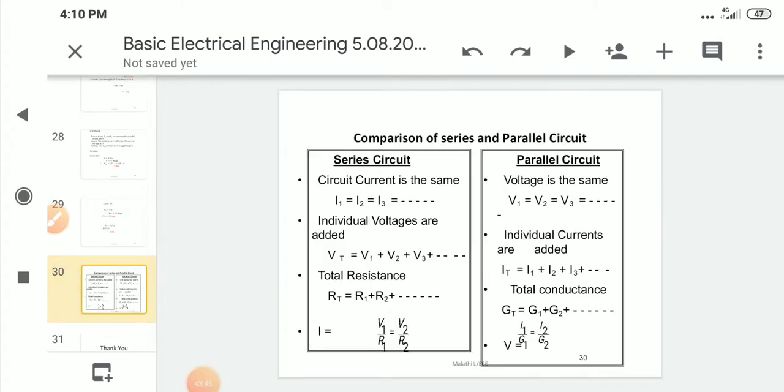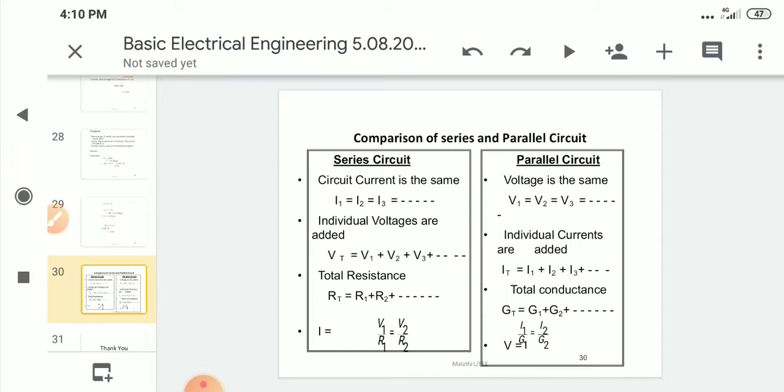Let's see the comparison of series and parallel circuits. In a series circuit, current is the same. In parallel, voltage is the same. In series, total voltage is the sum of the individual voltages. In parallel, total current is the sum of the individual currents.